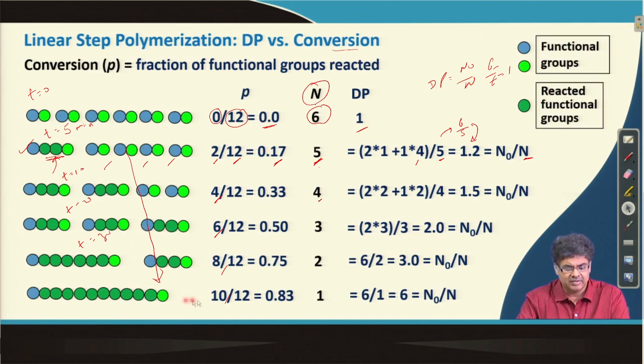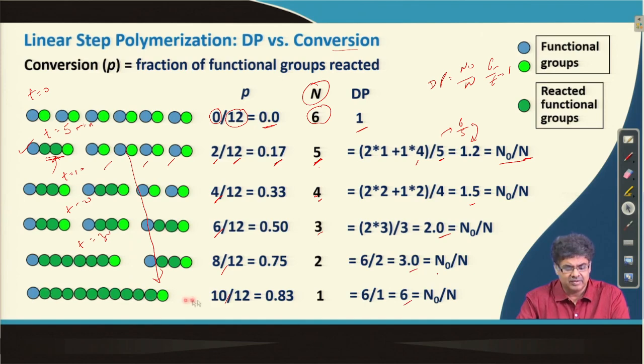What is the meaning of N? N means molecules formed after the reaction, or how many molecules are there after the reaction. So after 5 minutes there are 5, after 10 minutes there are 4, and like that. So you find DP with this formula, N0 upon N, and you will get different values.